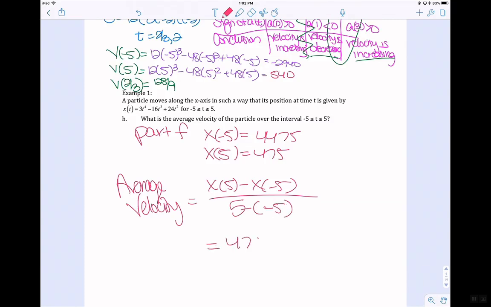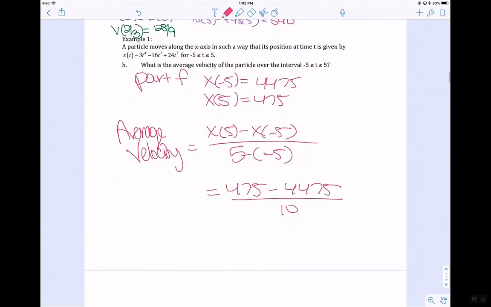So I get 475 minus 4475 divided by 10. So I get -4,000 divided by 10, so I get -400, and that is my average velocity. What you notice is that none of the parts have units, and so that's why we haven't put any units with any of these questions.